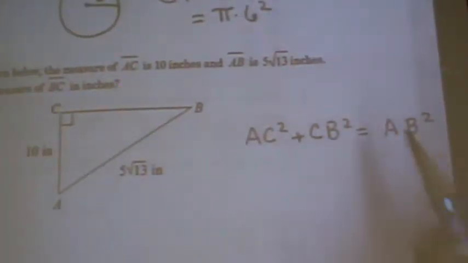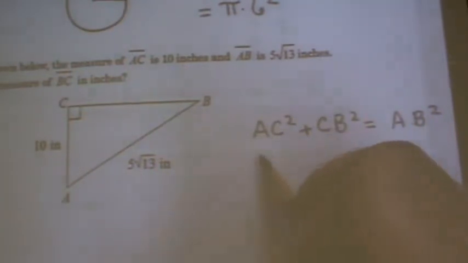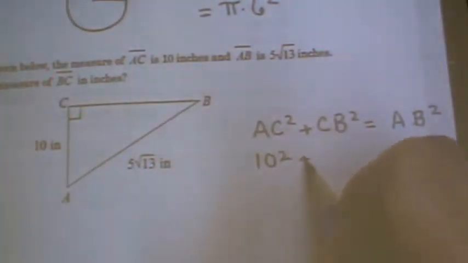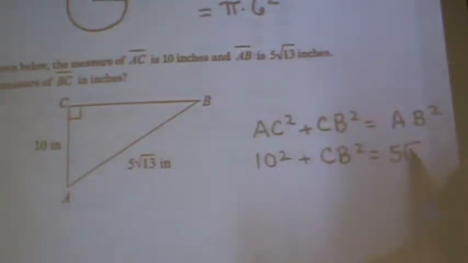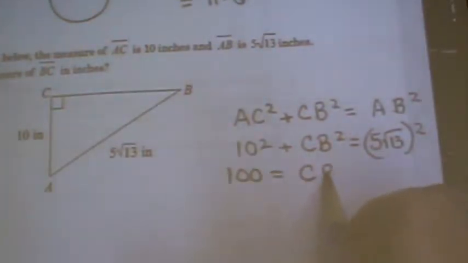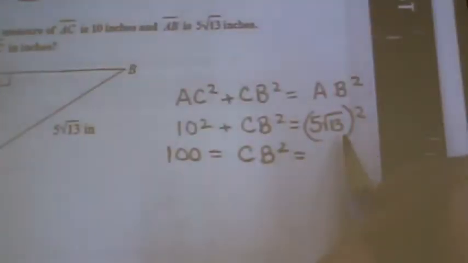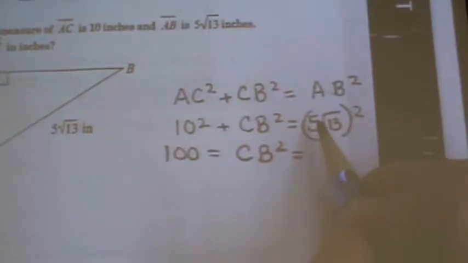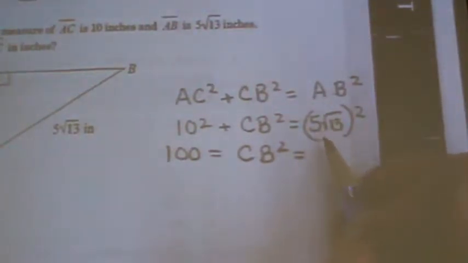Now when you're doing your test, you don't have to write this out. I'm just writing this out to show you. So 10 squared plus CB squared is equal to 5 root 13 squared. Well, this is going to give you 100. Now, do you guys know how to square that? You're going to do 5 squared times 13, which is 325.